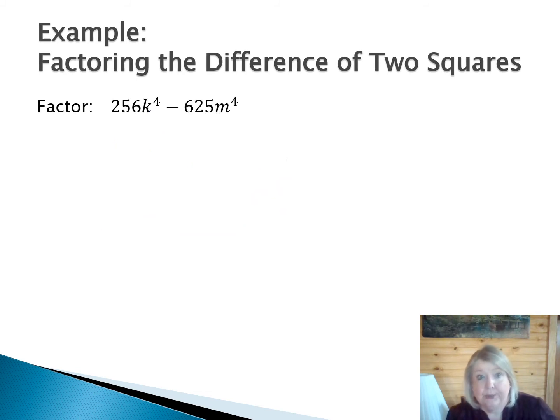Now, to show you a higher level example, ooh, Miss Harrell, those are big numbers. Yes, they are. But I know that 256 is 16 squared because Ms. Harrell told me to memorize that earlier in the course. And even power, when you raise a power to a power, you multiply the powers. So any even power can be a square.